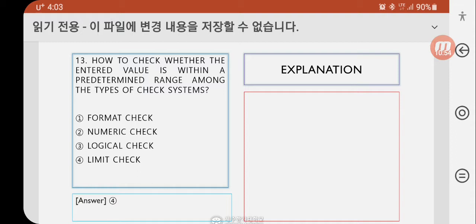Among the types of check system, how to check whether the entered value is within a predetermined range. What kind of standard pattern is limit check?